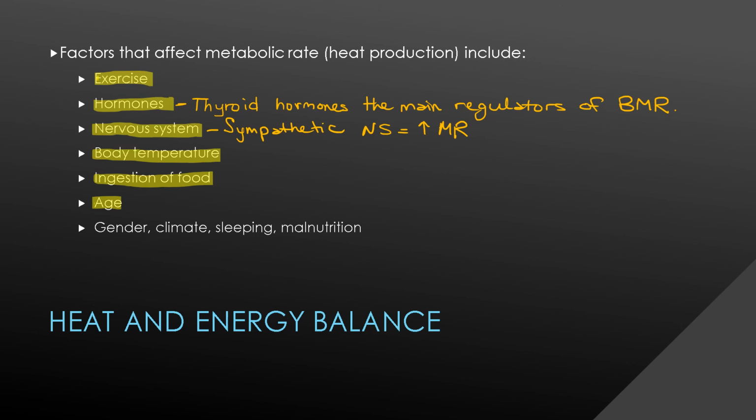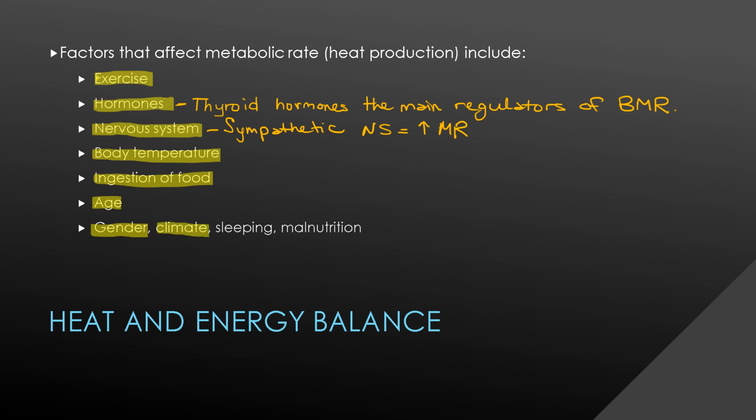Age is also a factor. So the metabolic rate of a child in relation to its size is almost double that of an elderly person, and this is due to the really high rates of reactions that are related to growth in children. And then we have a couple of other factors that also do affect metabolic rate. These are things like gender. Metabolic rate is generally lower in females than males, except during pregnancy and lactation.